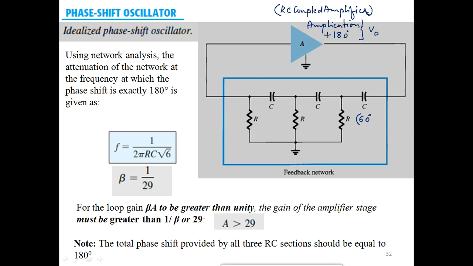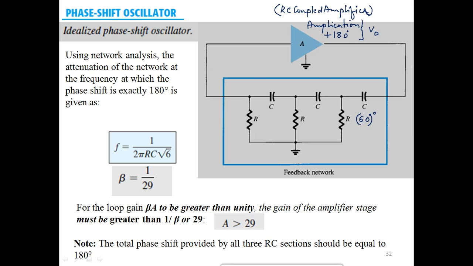Ideally, one RC, a combination of a resistor and a capacitor, can provide a phase shift of 60 degrees. The mathematical derivation of it, students can refer to any of the basic electronics textbooks, wherein you will very clearly see it. It is derived by the concept of network analysis.